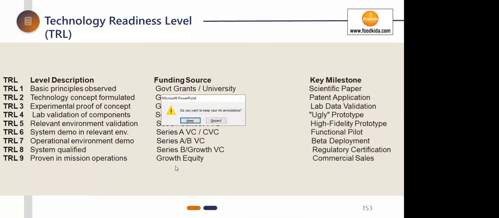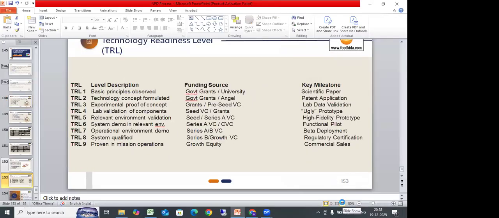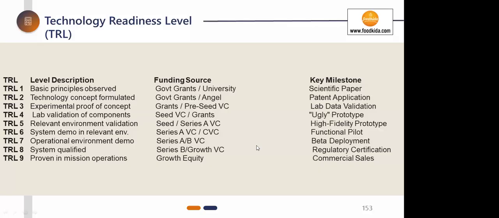So now, yeah, this is one. Hold on, hold on. These are some stages which I have added for TRL. TRL is technology readiness level. So basically, these are the key milestones you should achieve if you have to get funding. At TRL 1, basic principle observed, you get a government grant or university technology concept formulated.